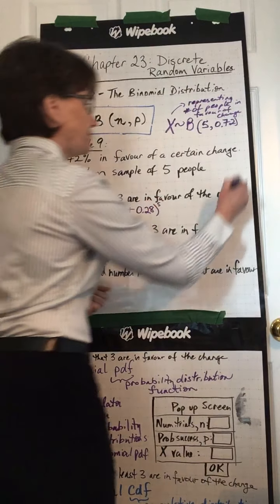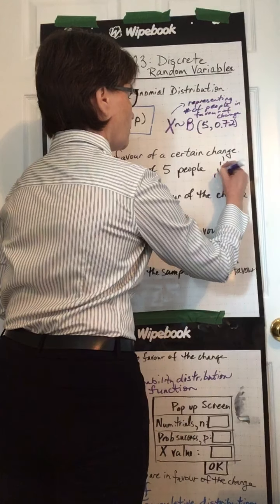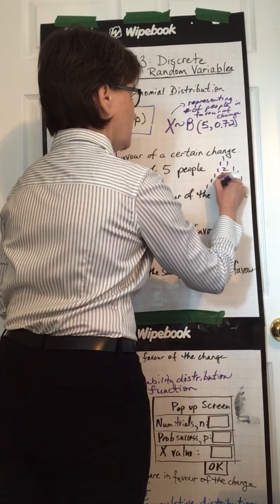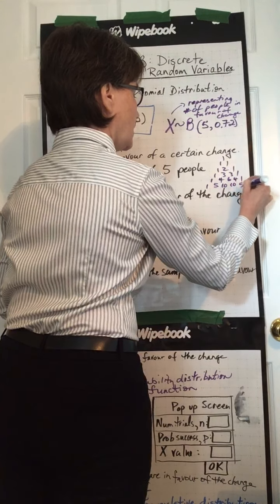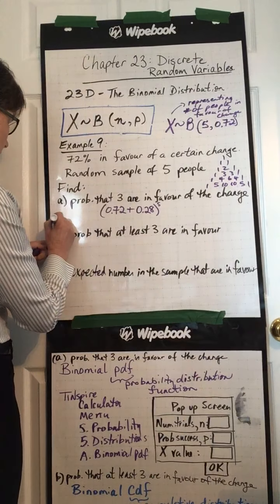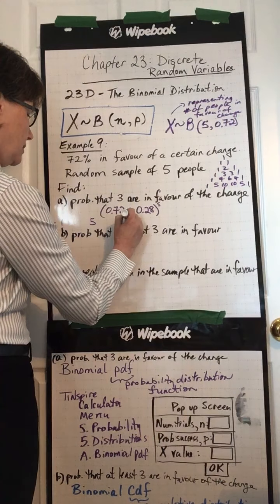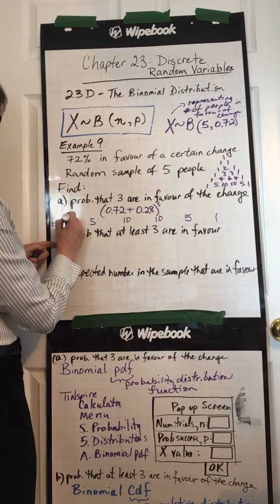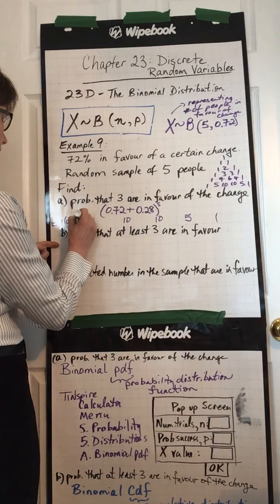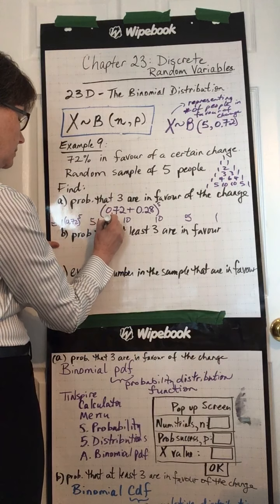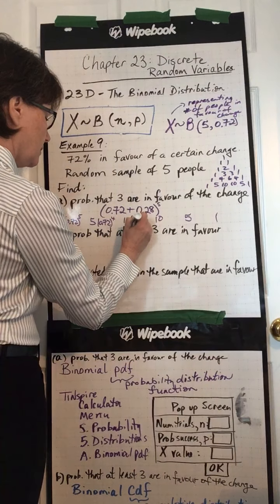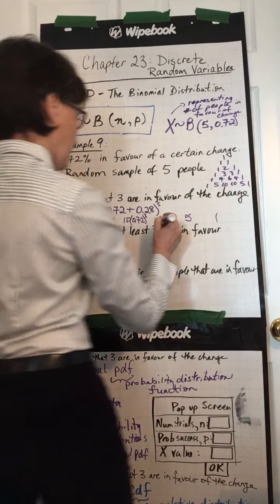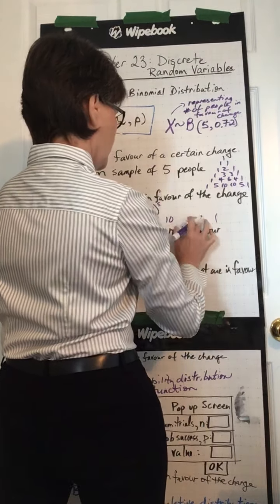Pascal's triangle: 1, 5, 10, 10, 5, 1. Remember, put those all out there. 0.72 to the power of 5, this time to the power of 4, power of 3. I'm not going to have enough room here, am I? Move each of these.